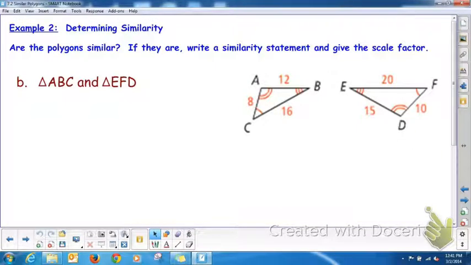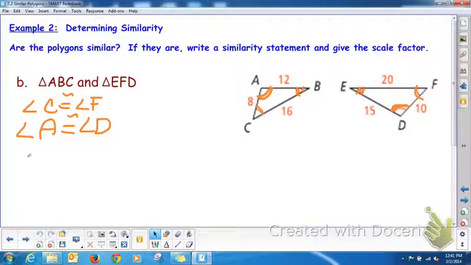So let's take a look at this triangle. Are these similar? If they are, write a similarity statement and give the scale factor. So we're going to do the same thing. Angle C is congruent to angle F. Angle A is congruent to angle D. And angle B is congruent to angle E. And again, notice I used the same triangle each time when I started.